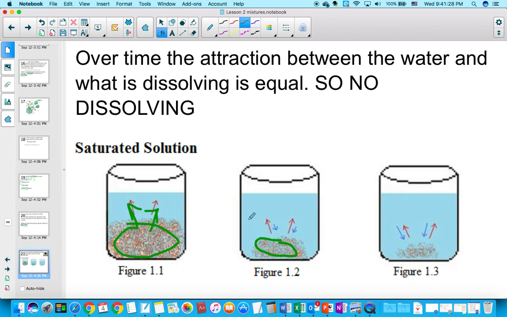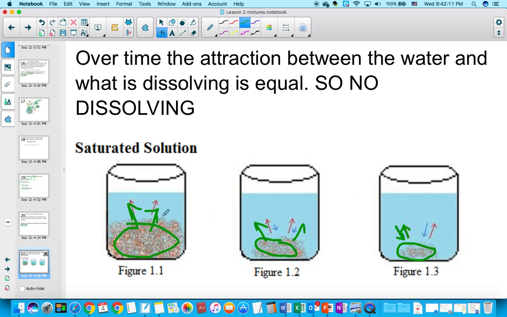But as more sugar goes into the water, the strength of the pull water has gets a little smaller every time. Water can only pull so hard. And so at a certain point, the sugar pulls back just as hard as the water is pulling from it. Sugar is being pulled off, and sugar is being pulled back. And so you won't see any change because it's not dissolving. It's just cycling.